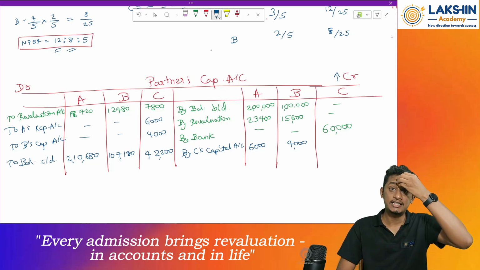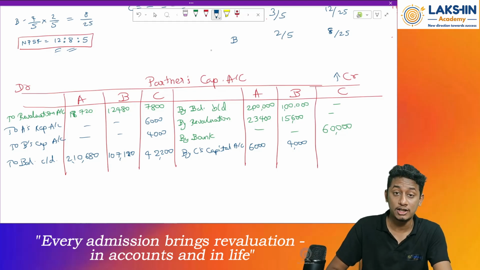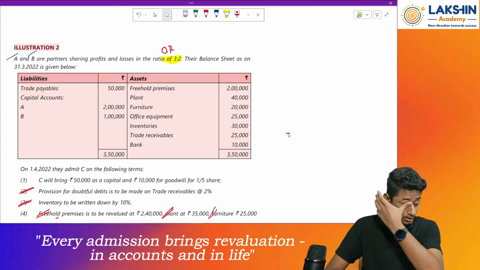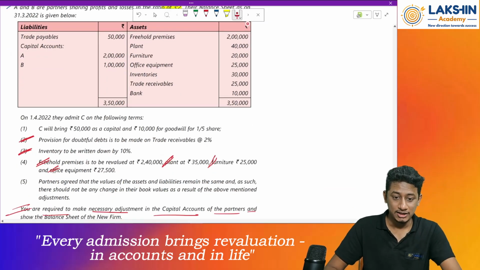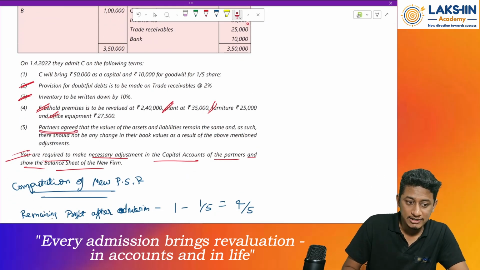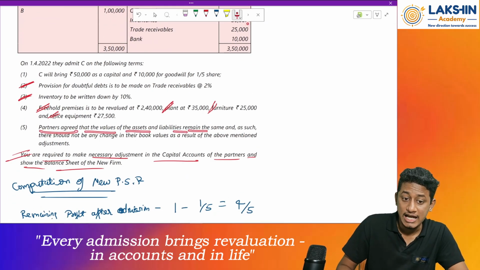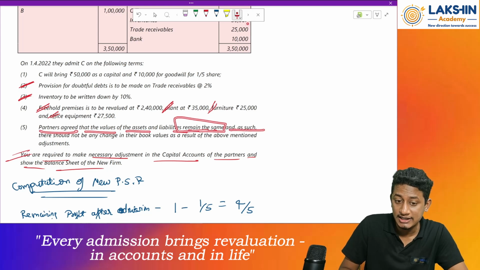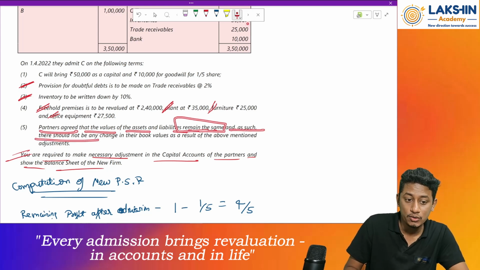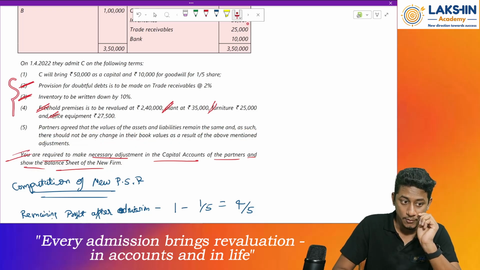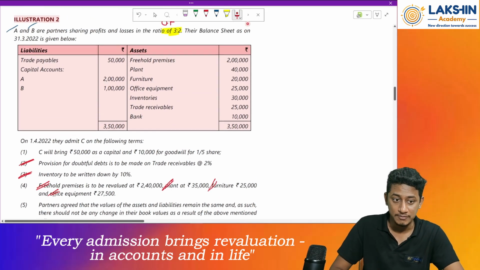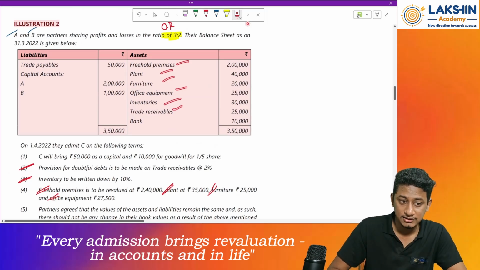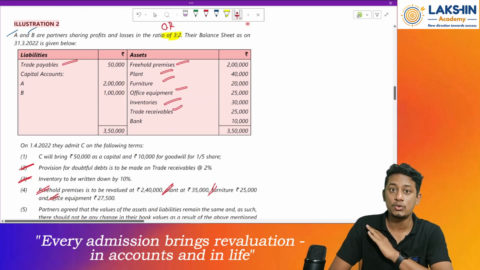Okay, these are the balances that will be carried forward to the balance sheet. Now let's prepare the balance sheet. Now I won't prepare the balance sheet once again, it is simply time consuming, because the question clearly says that partners have agreed that the values of assets and liabilities will remain the same, and as such there should be no change in the book values as a result of the above mentioned adjustments. So whatever assets and liabilities I have, there is no change in the value.